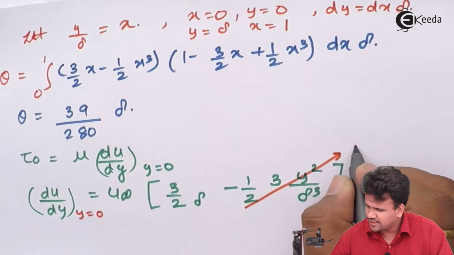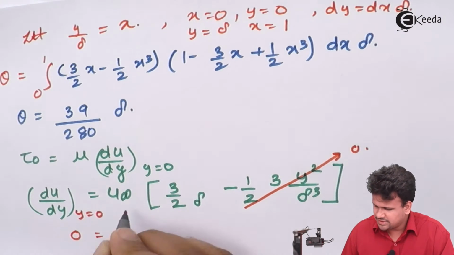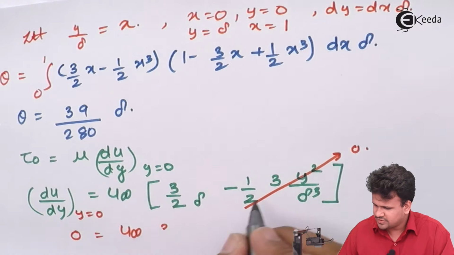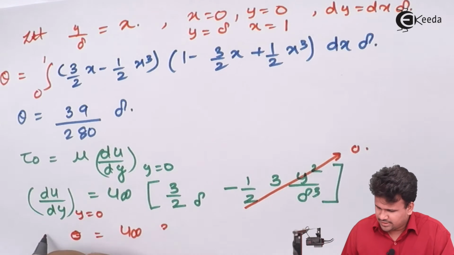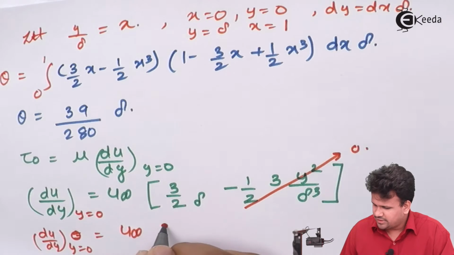Hence, this entire second part will be equal to 0. Hence, du by dy at y equal to 0 is equal to u infinity into 3 by 2 delta.